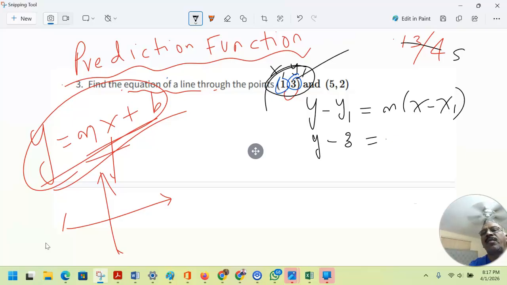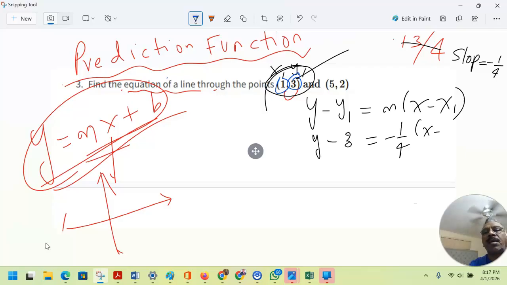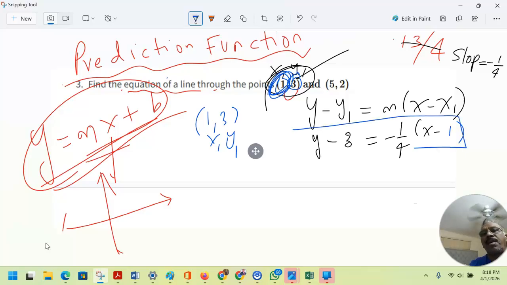And the slope that we have seen was minus 1/4. So this will be minus 1/4 times x minus x1. x1 is 1 here. See? So this is that 1 and 3, which is x1 and y1. So x1 is 1.